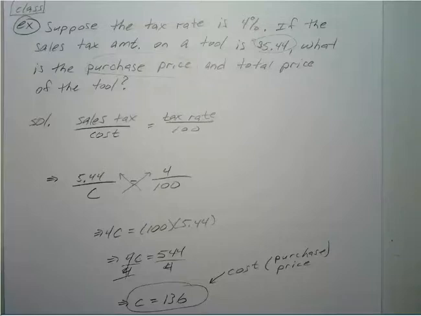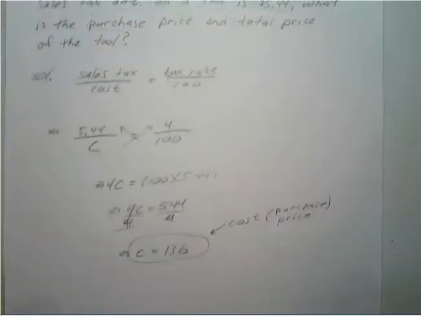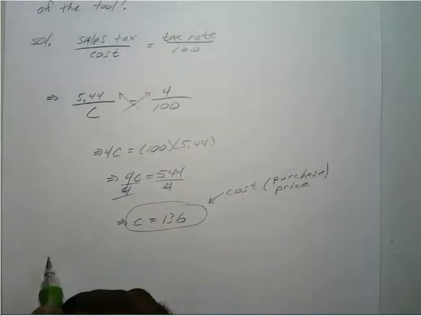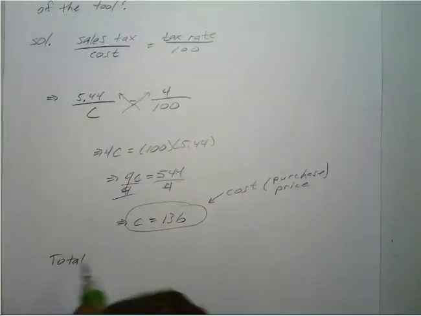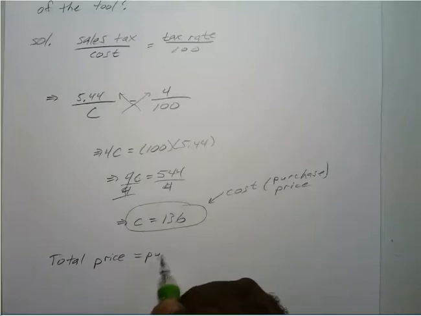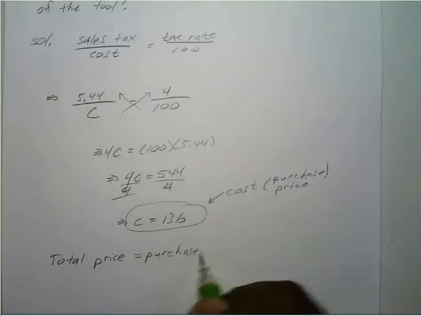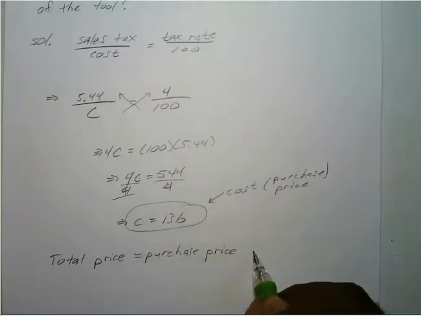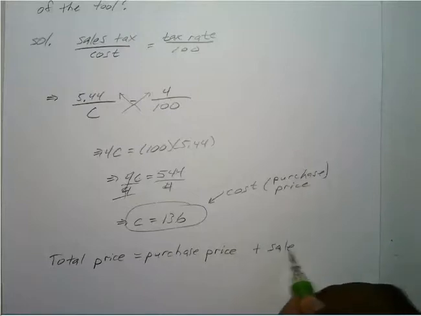Now we have to find the total price of the tool. We know the total price is the purchase price plus the sales tax.